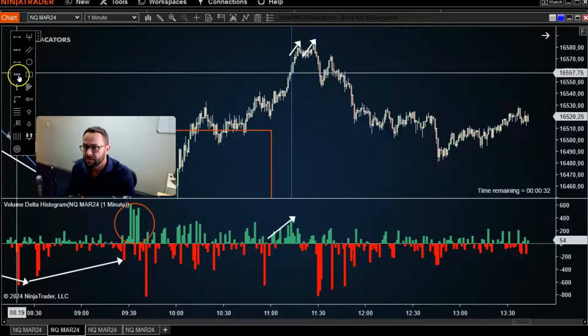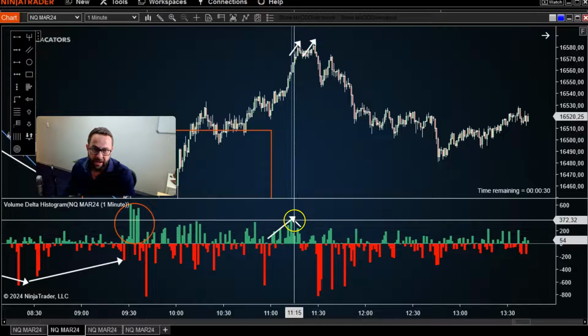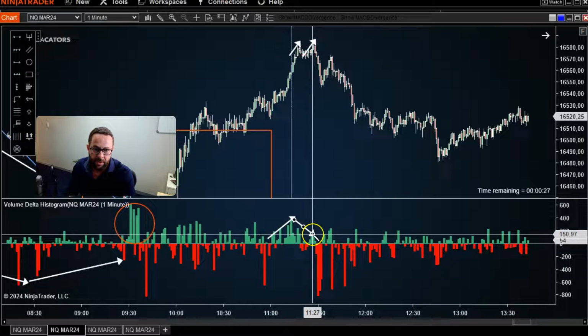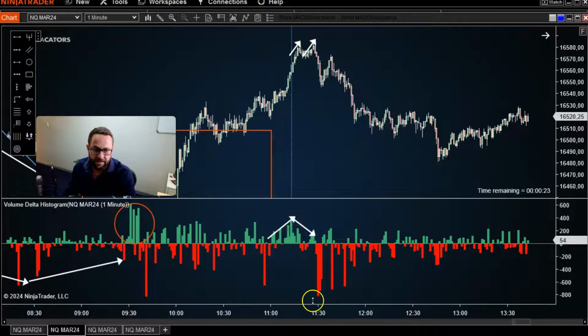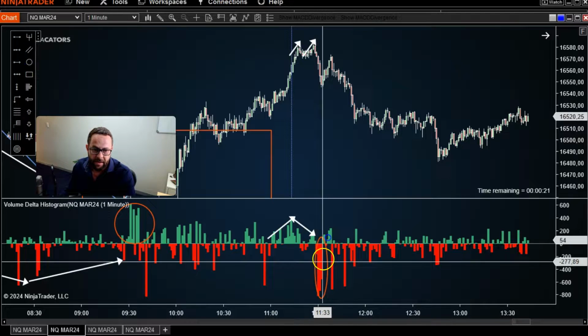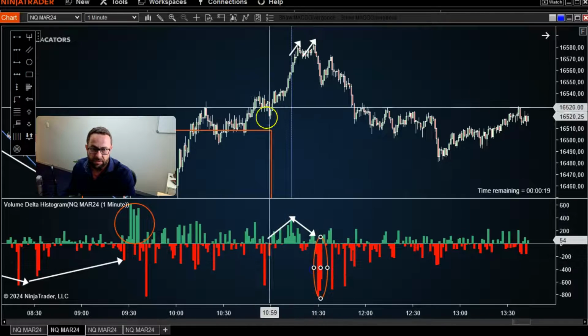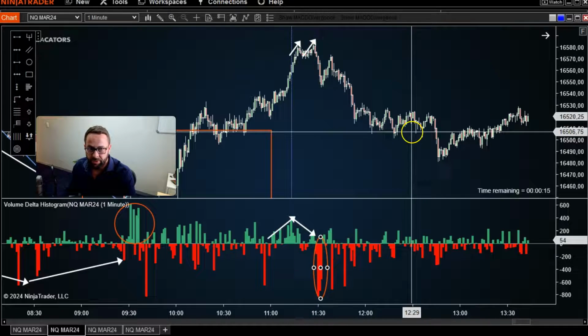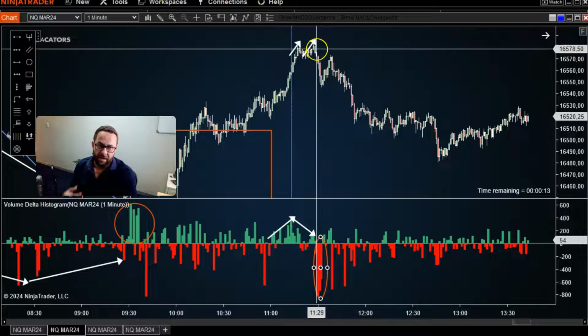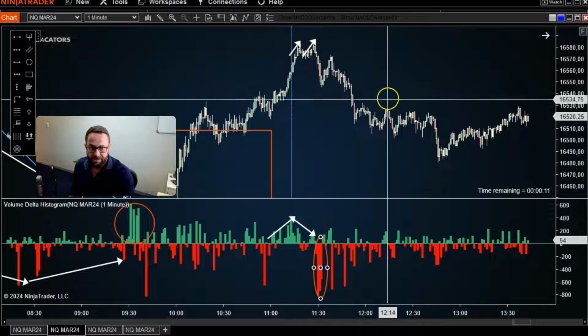And while it was doing that, you can see that we had a very strong drop in buying volume, followed by a massive increase in selling volume, again indicating that this potential bounce has potentially ended, and that the trend which was previously down was about to resume again.